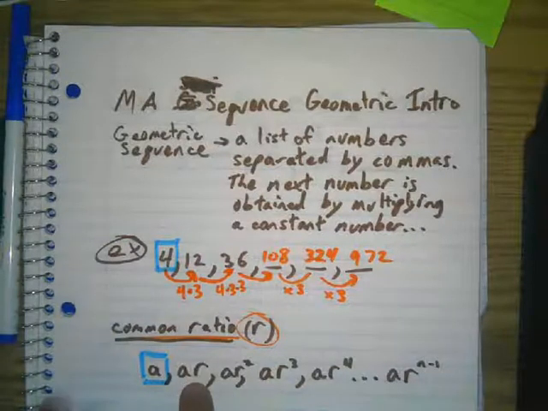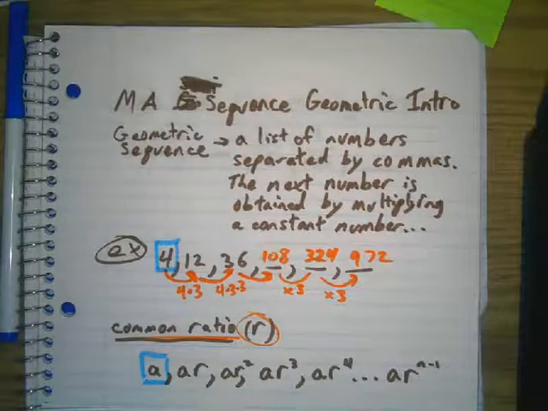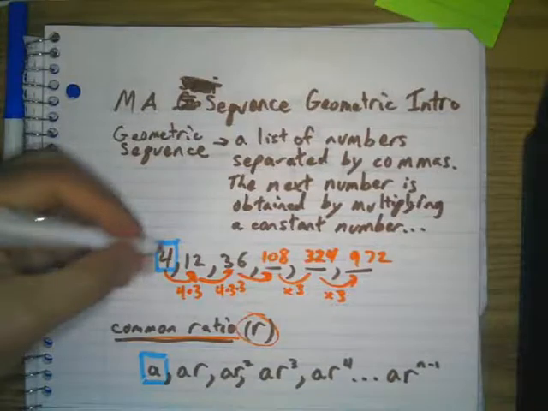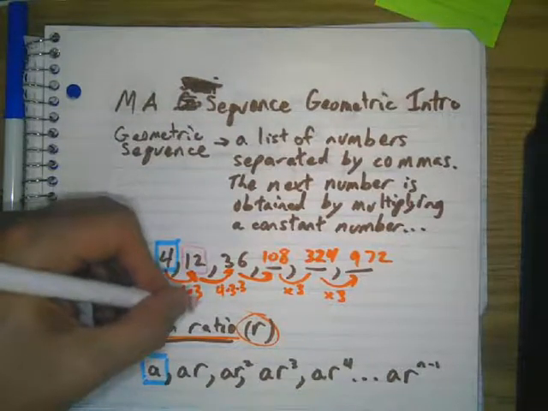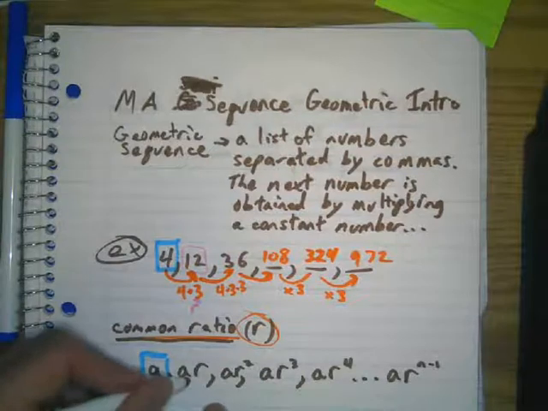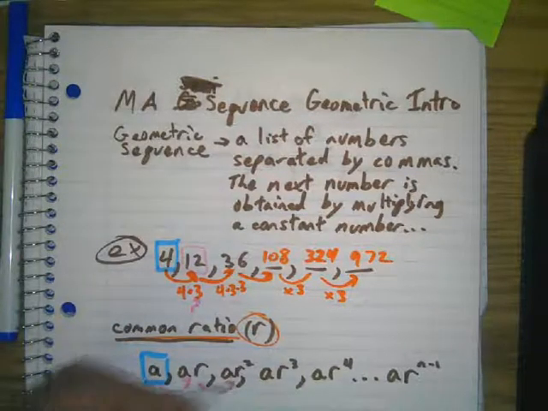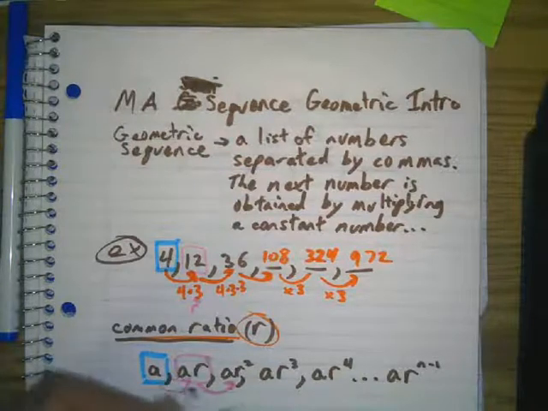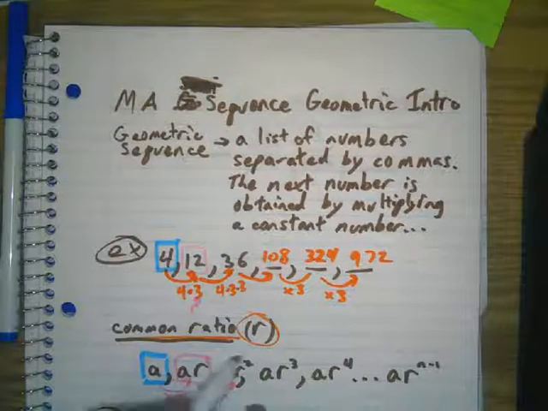So the value that I'm multiplying by to get to the next one is R, right? So if I multiply the blue term times 3, 3 is my R value. So to get to this next one, I multiplied it times R. Now if I multiply this times R, we're going to have A times R to get this guy.